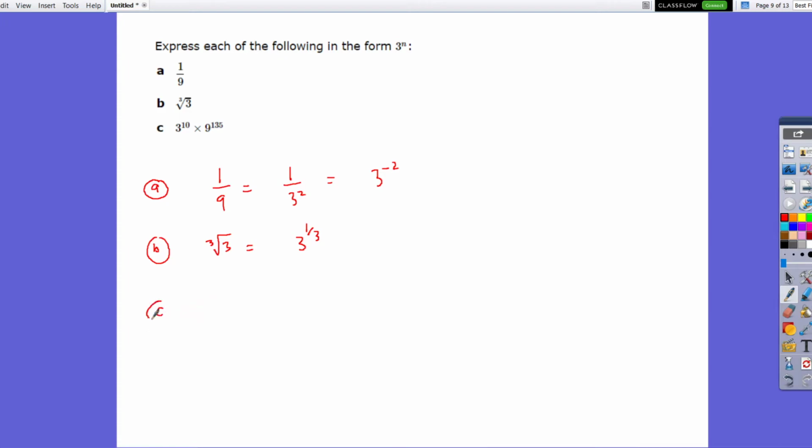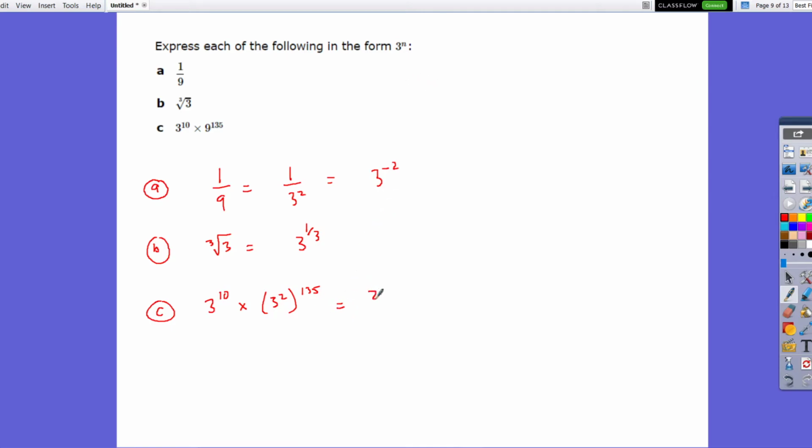And C, last one. Before we do any multiplying, first of all, we have 3 to the power 10 times, and now 9 can be written in terms of 3, so I'm going to write that as 3 squared, to the power 135, because I want everything to the base of 3.